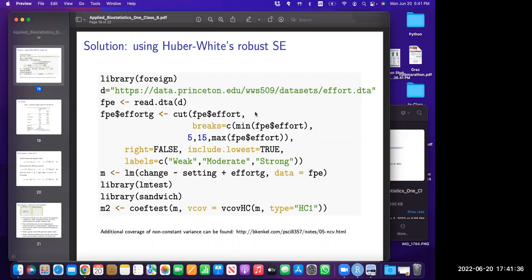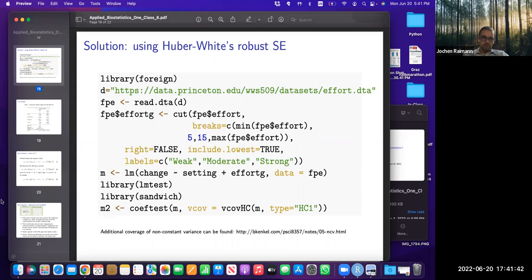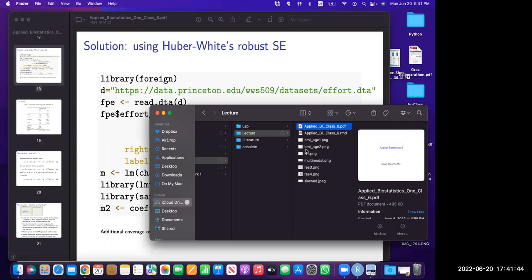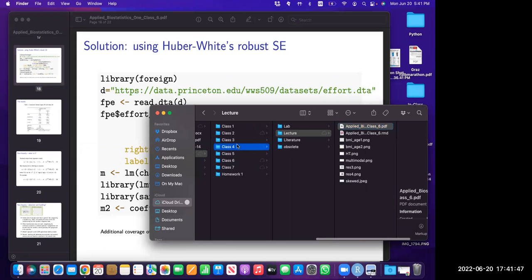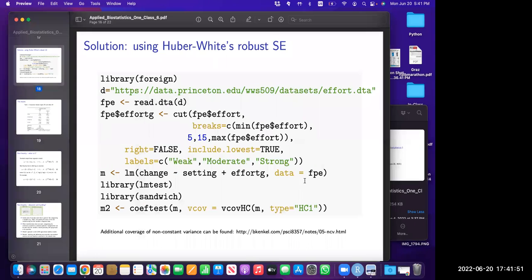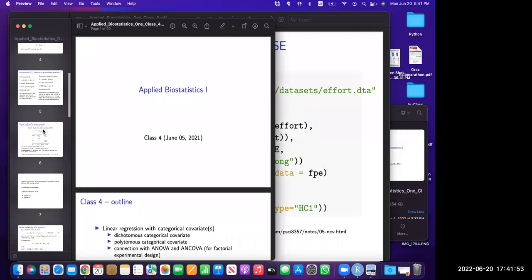I was looking at the class 4 PDF. There was a question about whether we needed to interpret the coefficients associated with dummy variables.